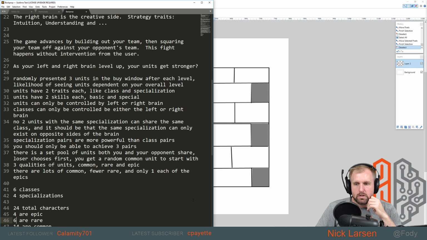I think I actually... The specializations show up on either side. So it's this part about how you should only be able to achieve 3 pairs that I'm having trouble with.